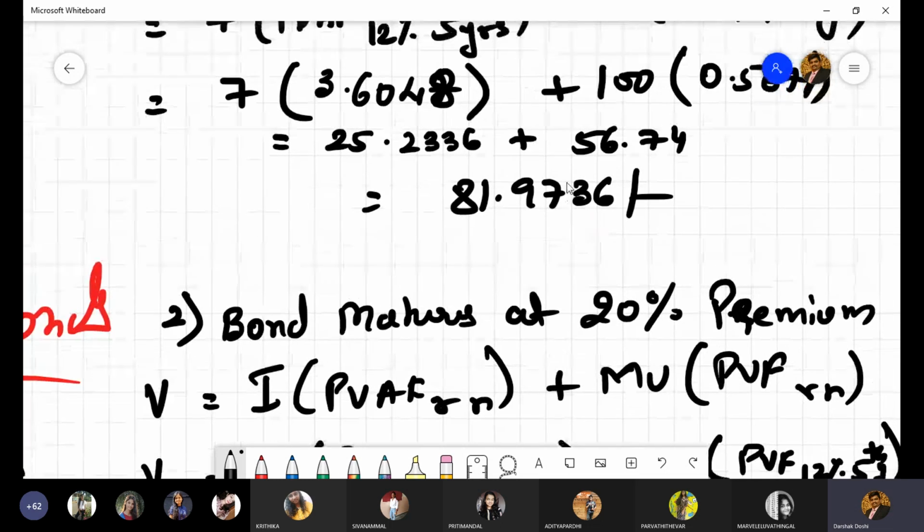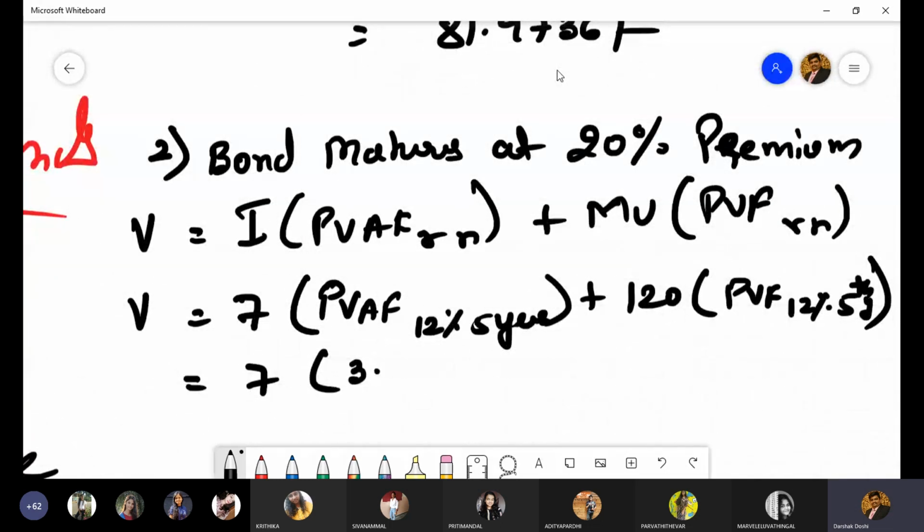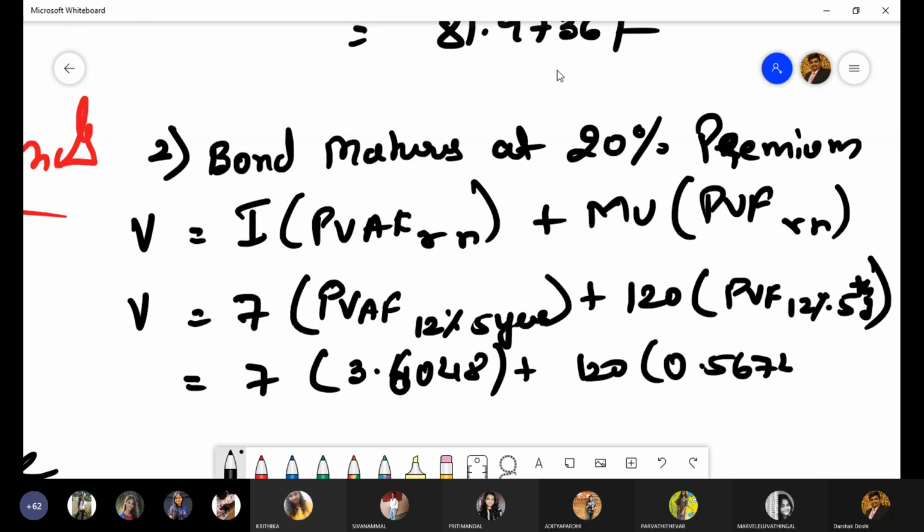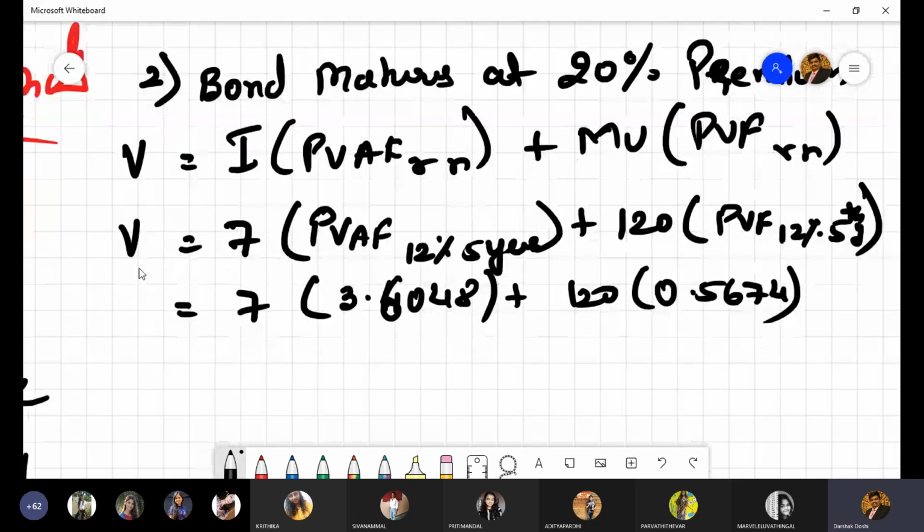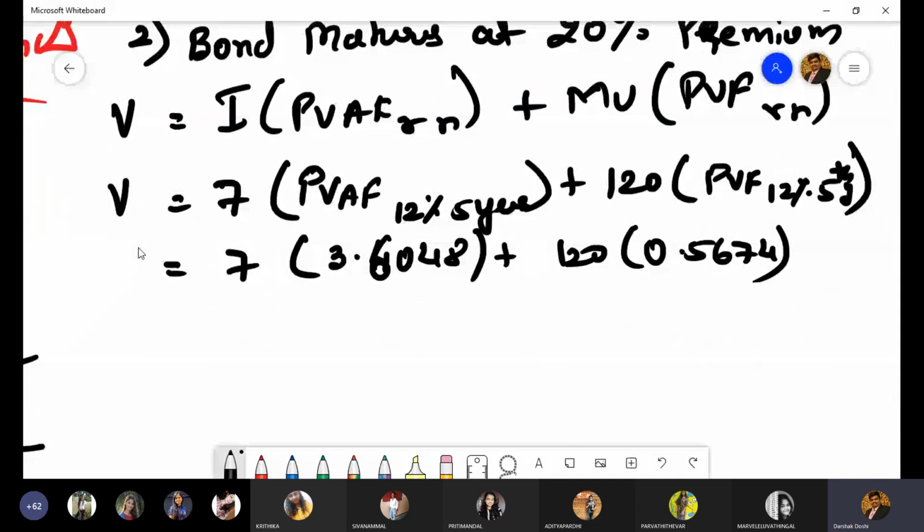Now you need not calculate the value factor over and over again. The factors are same, 12% 5 years. Correct me if I'm wrong. If I'm writing down incorrect, please correct me.